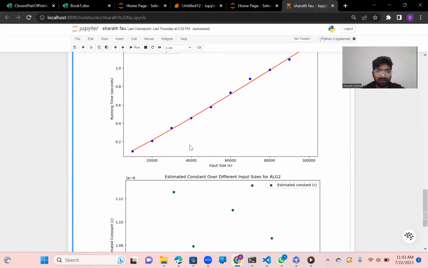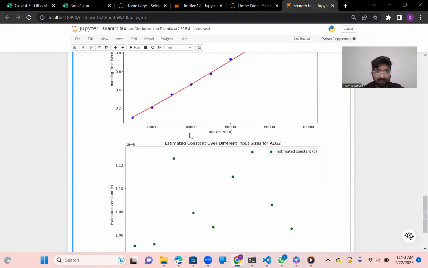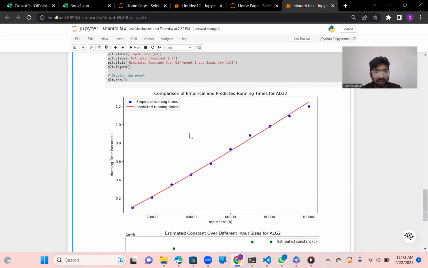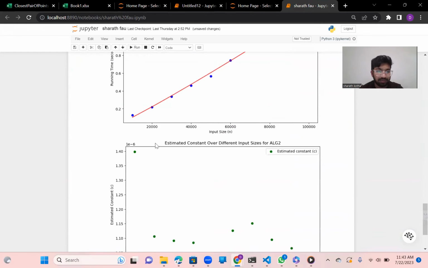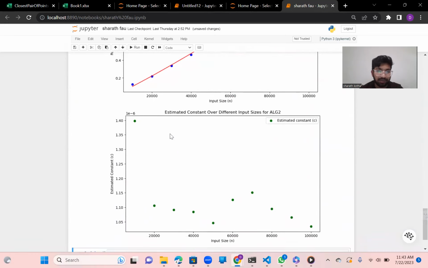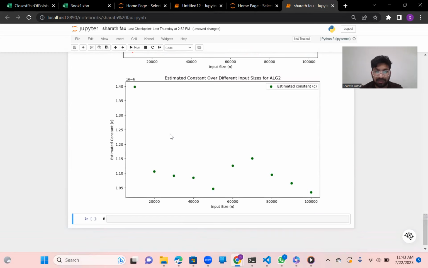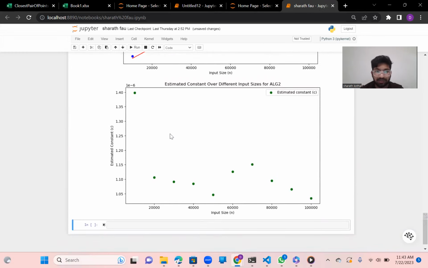These tables and graphs represent the results of our experiments, showing the empirical and predicted running times as well as the calculated constants for both algorithms. So now let's run this graph. We'll get an output like this. This is brute force, and this is the estimated and predicted values. And that concludes our code.